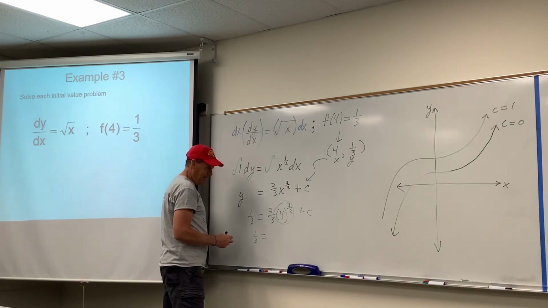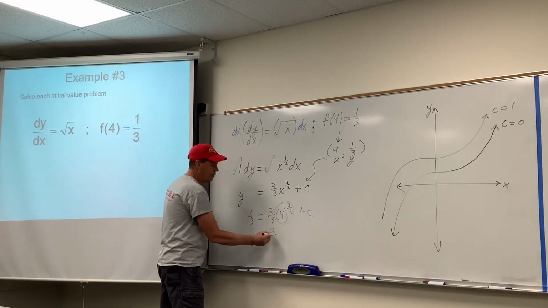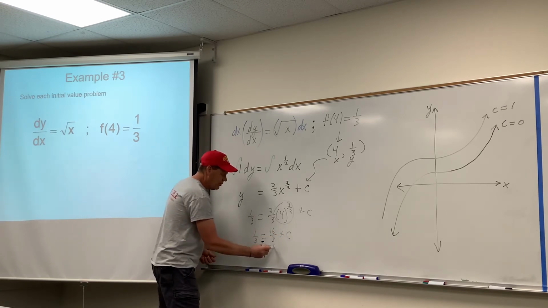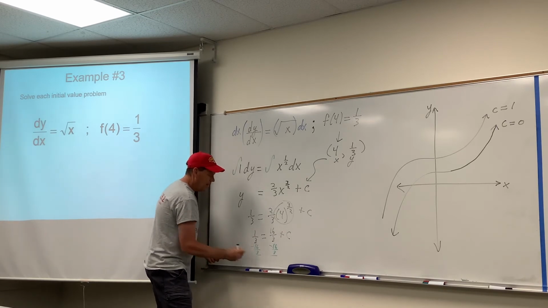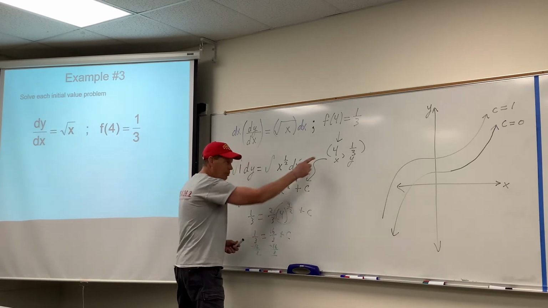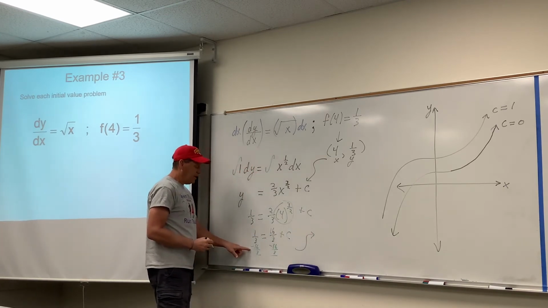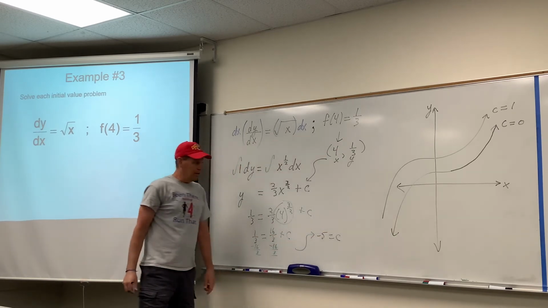Is that right? Yeah, 8. And then 8 times 2/3 would be 16/3. And then we subtract over the 16/3. And the c value, when we plug that ordered pair in, would be -15/3, otherwise known as -5. So that's the c value.